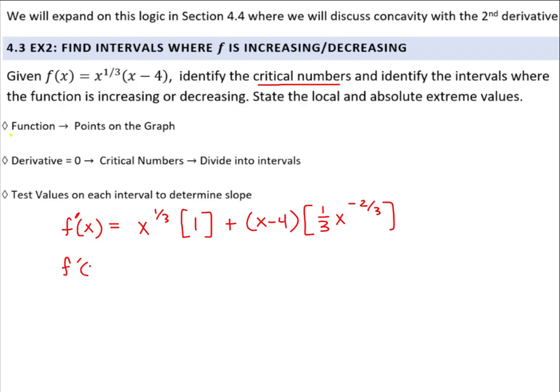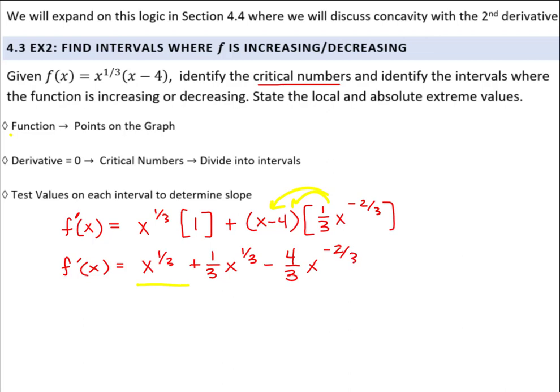So f prime of x, well, the first term is just x to the 1/3 power. And then distributing here, we're going to end up with plus 1/3 x, that's x to the first, and then we add negative 2/3, we get a 1/3, and then minus 4/3 x to the negative 2/3.